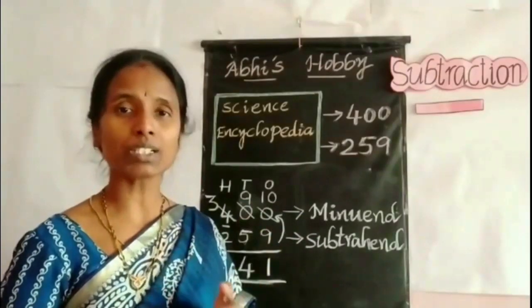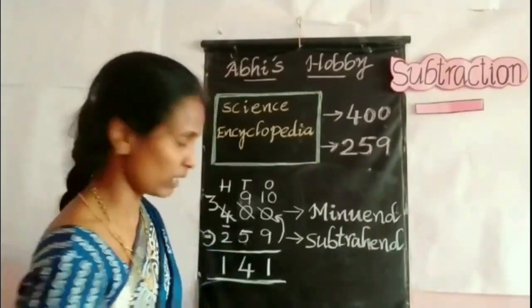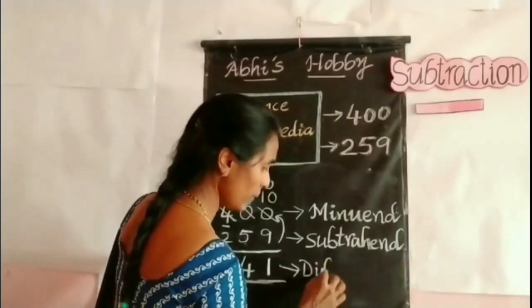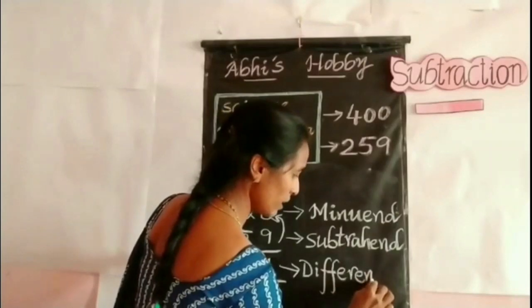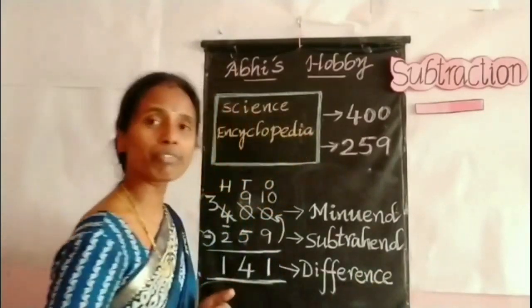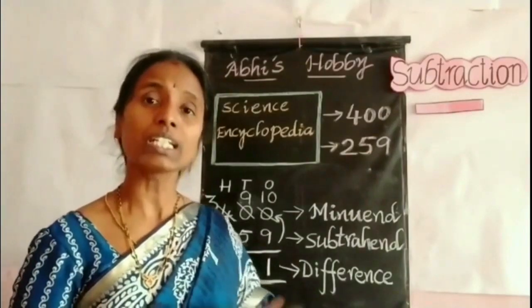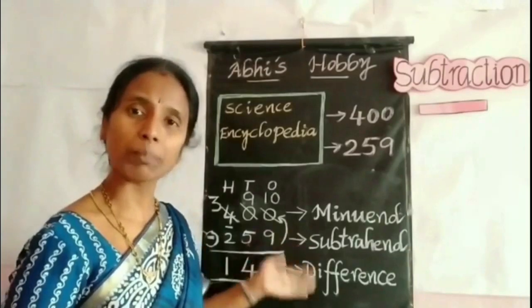And the result of the subtraction, the answer of the subtraction, is called difference. D-I-F-F-E-R-E-N-C-E. Difference. These are the terms of subtraction children. So in this way, the large numbers also can be subtracted.